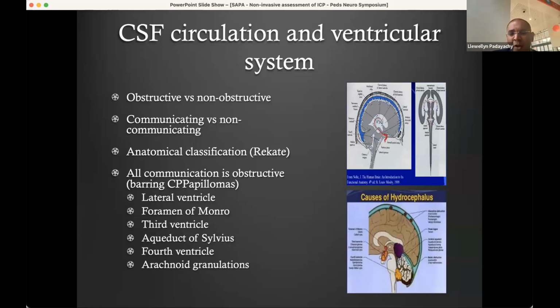So outside of papillomas or choroid plexus carcinomas, all other hydrocephalus is considered to be communicating. It's just the level of that obstructive component that varies. So CSF gets out within the ventricular system all the way into the cistern, and the level of obstruction varies, but there is communication in most of them.